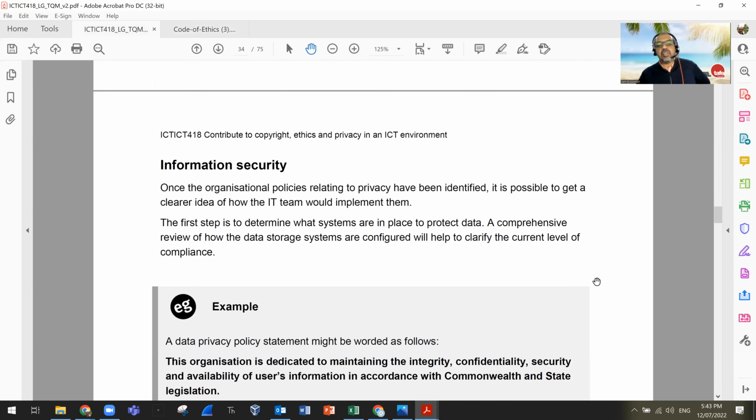Information security, as we were discussing, we maintain different aspects, and we maintain the CIA triad.